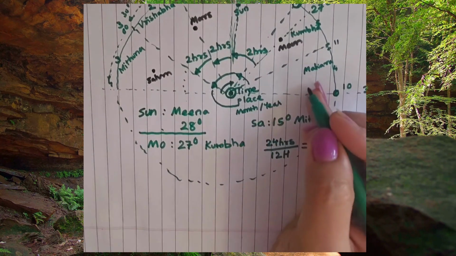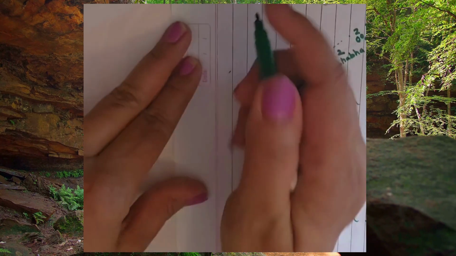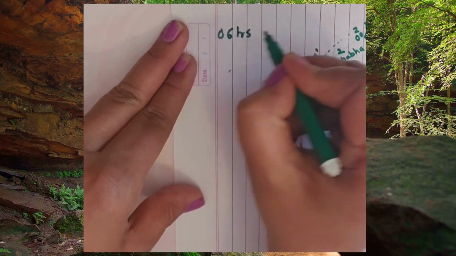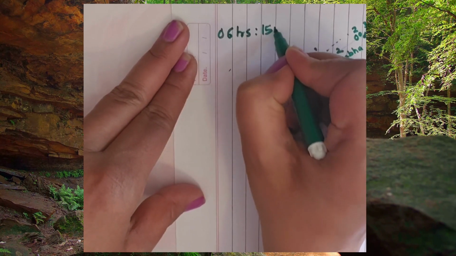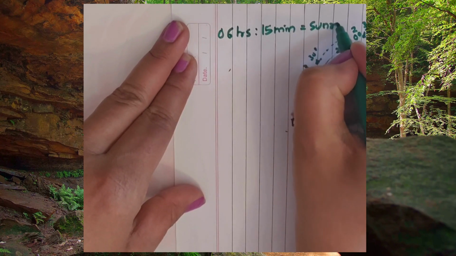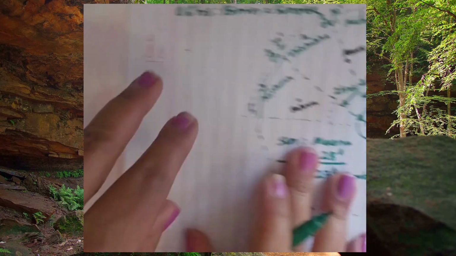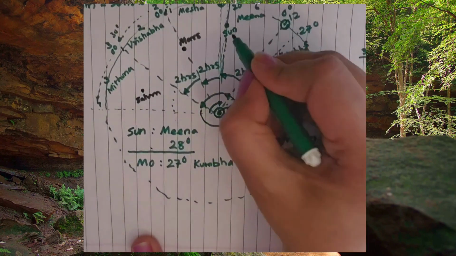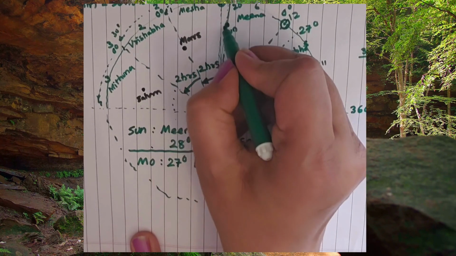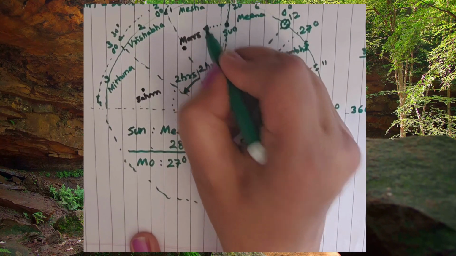So let's say 6 hours 15 minutes was sunrise time on any particular day. Okay, let's assume this. So which means here, when sun is here, at the time of sunrise we will start counting 2 hours like this.